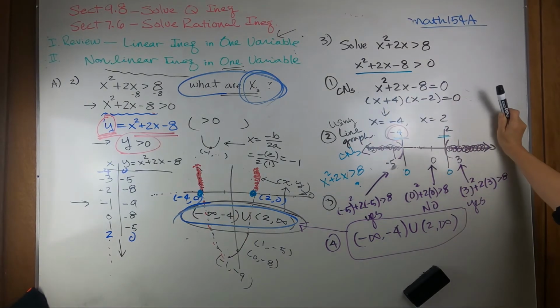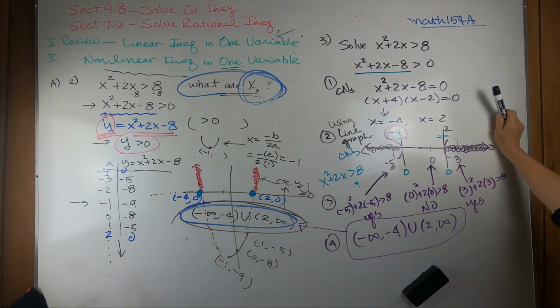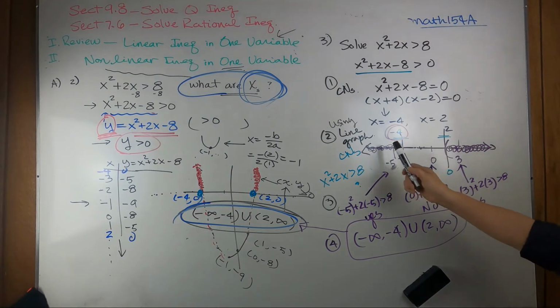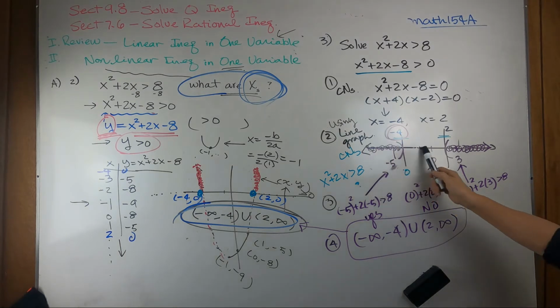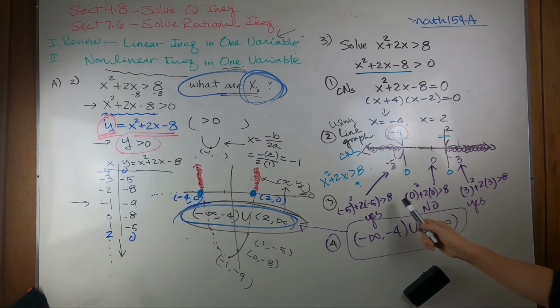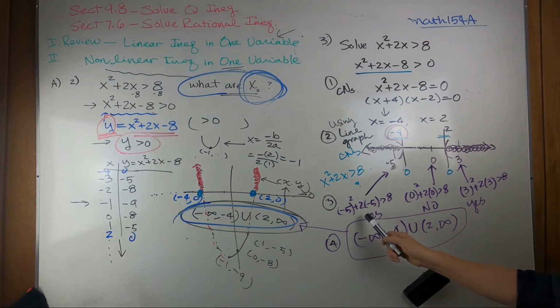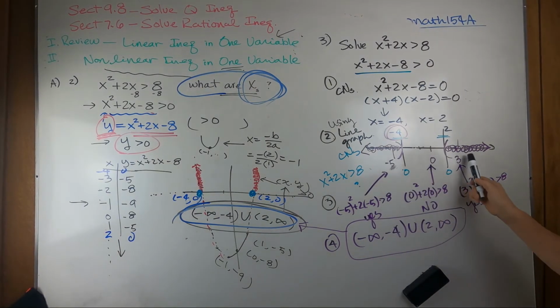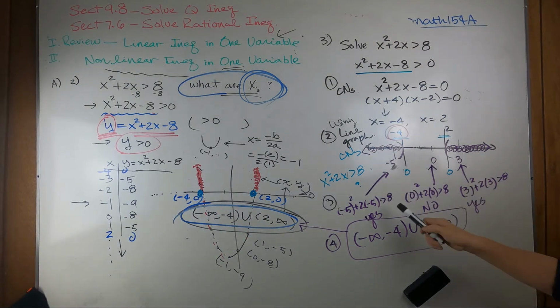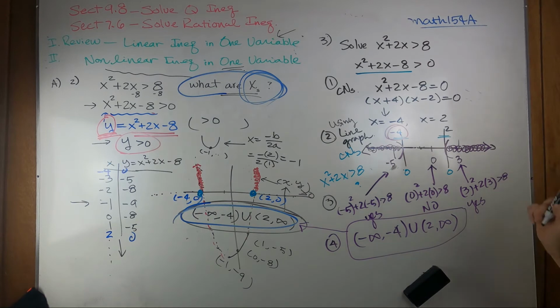Put the critical numbers on the number line and split it into 3 parts. Then test the different regions. Yes, no, yes. So your answer will be these 2 parts.